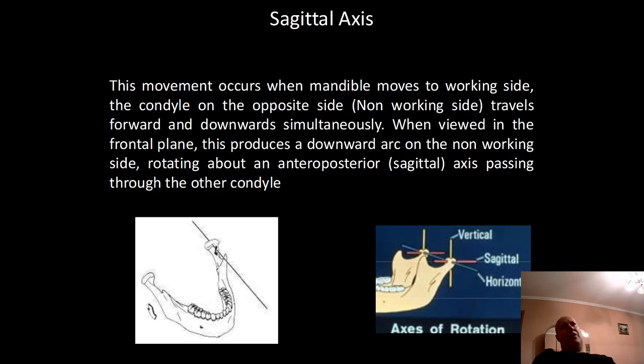The condyle on the opposite, non-working side travels forward and downward simultaneously. When viewed in the frontal plane, this produces a downward arc on the non-working side, rotating about the anteroposterior sagittal axis passing through the other condyle.